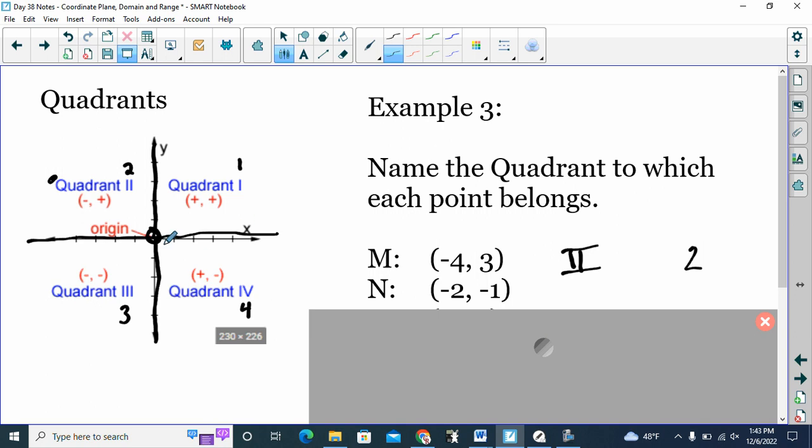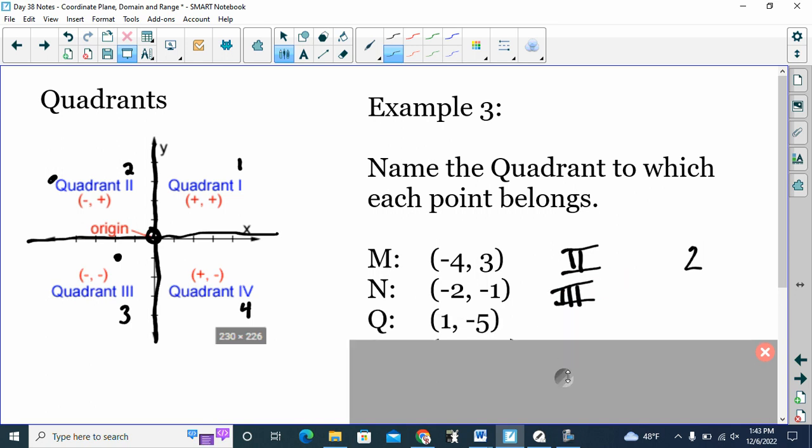Point N. Point N is at -2, -1. That's in quadrant 3. Point Q is at 1, -5. That's in quadrant 4.